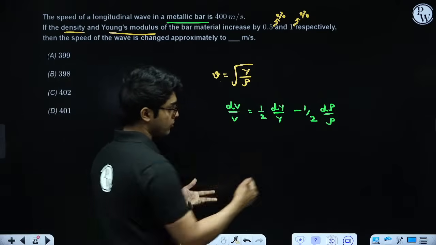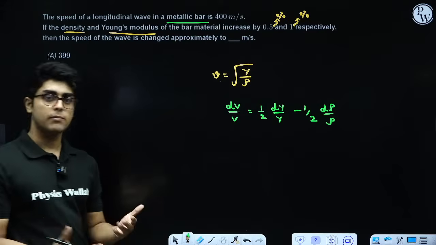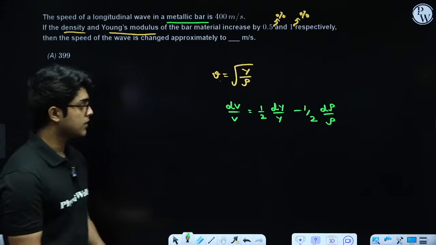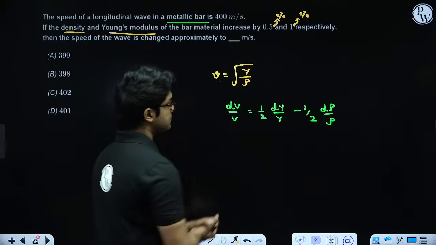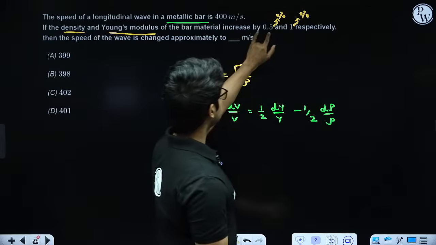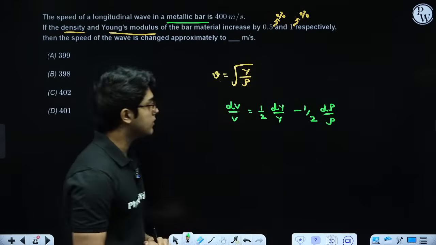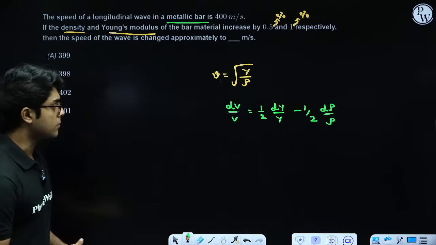In the error formula we put a plus sign here because we want the maximum possible error. But the actual mathematical operation will give you this relation. The reason for using this is that the percentage change in the density and Young's modulus is very tiny, just 0.5% and 1%.